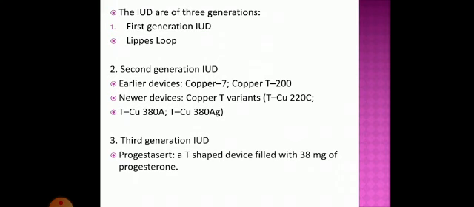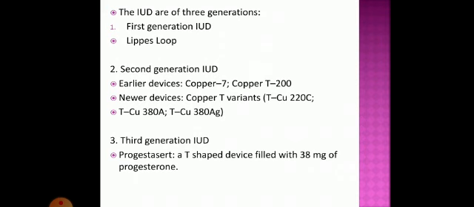The intrauterine contraceptive devices are basically of 3 generations: the first, second and third generation. In the first generation IUDs, the Lippes loop falls under it. The second generation devices have 3 subdivisions. The earlier devices were Copper 7 and Copper T 200.